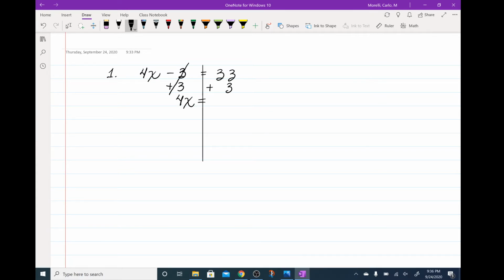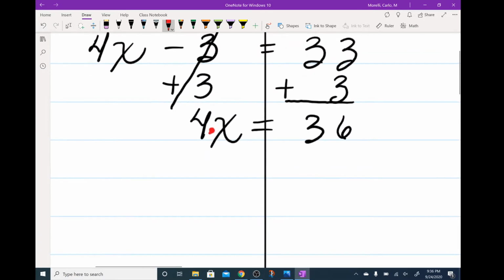Now you want to draw a line, okay? And you're just going to do addition. 3 plus 3 is 6. 3 plus nothing is 3. So 4x equals 36.